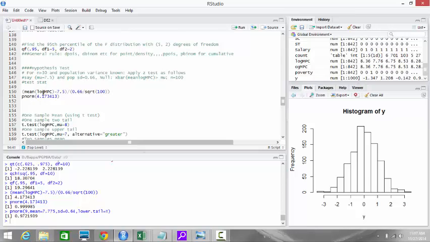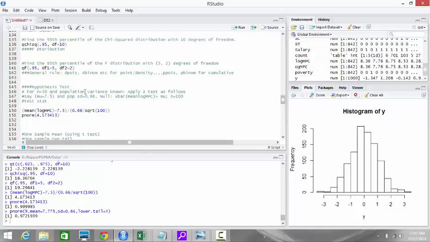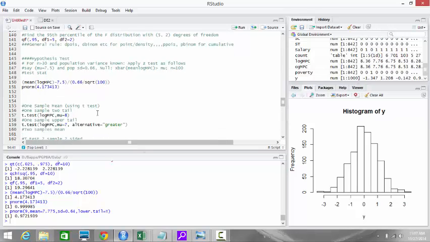Therefore the inference from this, where our log of MPC mean was 7.775, is that we are going to accept the null hypothesis that indeed this is greater than or equal to mu, which is 7.5.